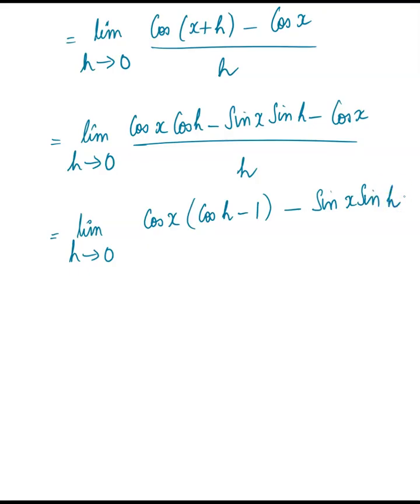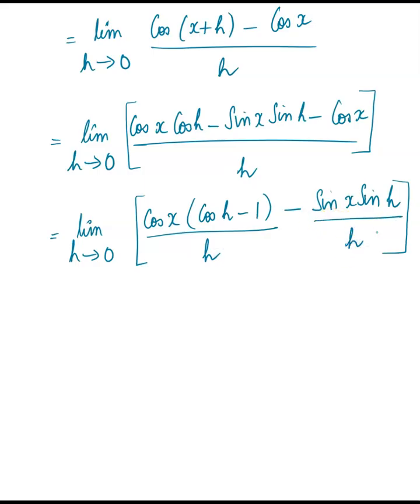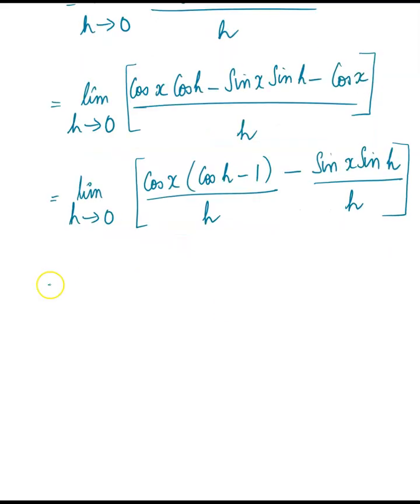That's what you have in the numerator, all over h in the denominator. We must always understand that we apply the limit to the whole thing. So here too, I want to apply the limit to the whole thing, but I want to separate the cosine and the sine. Because they have the same denominator, I can separate them into two fractions, each carrying its own h. That means I can now separate the limits by the sum rule.